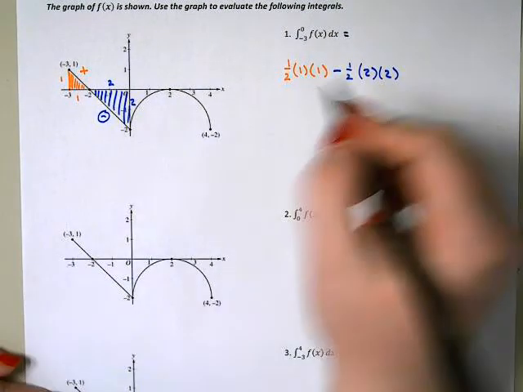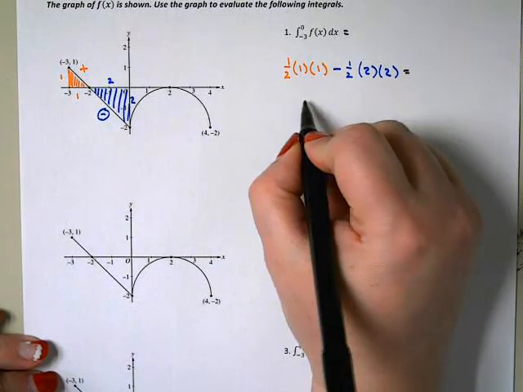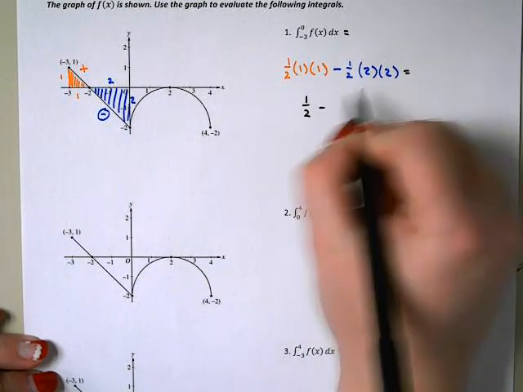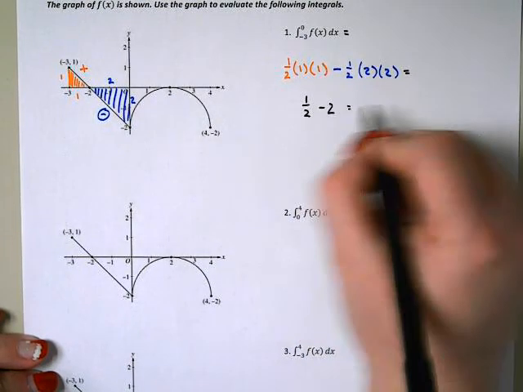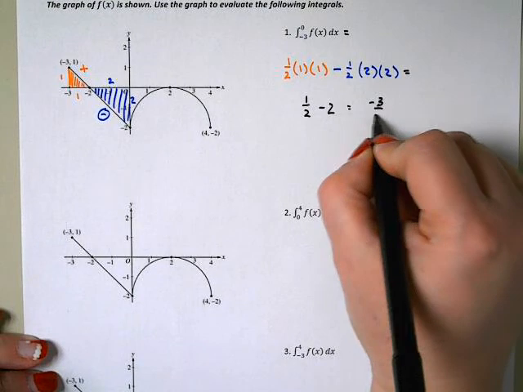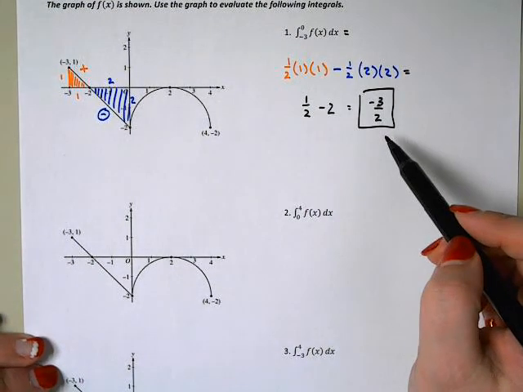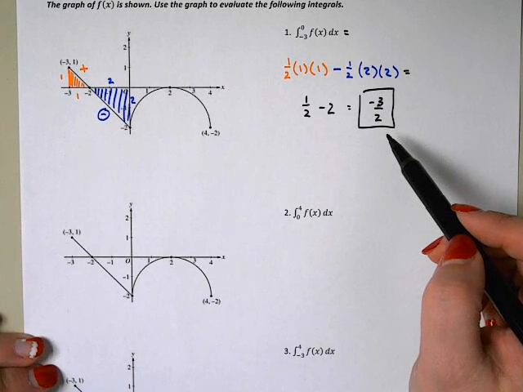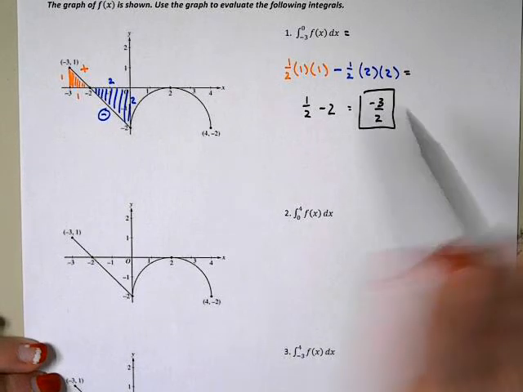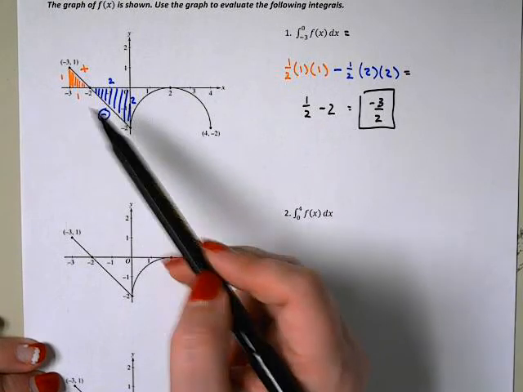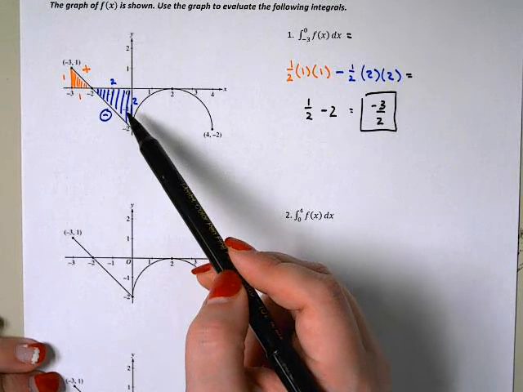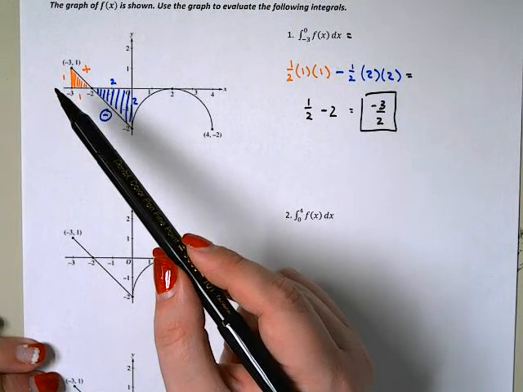So if we're looking for the area here, that would be 1/2 minus 2, and so we get -3/2 for our area here. And having a negative area really just tells us that there's more below the x-axis than there is above. And if we look, that definitely makes sense. There's more area down here that's blue than there is that's above that's orange. Okay?